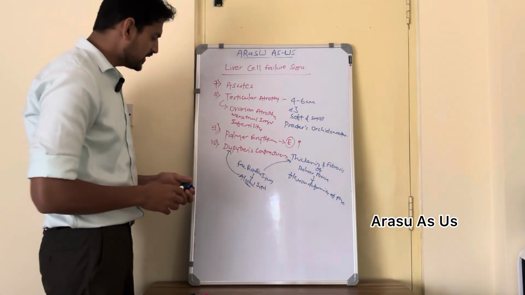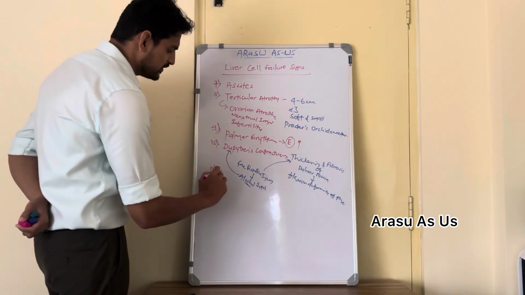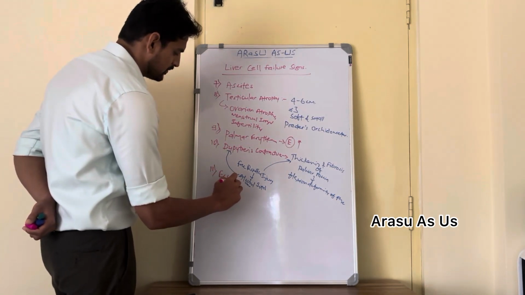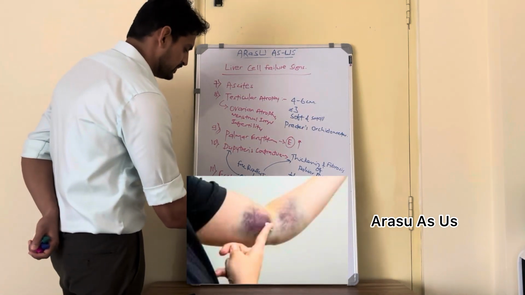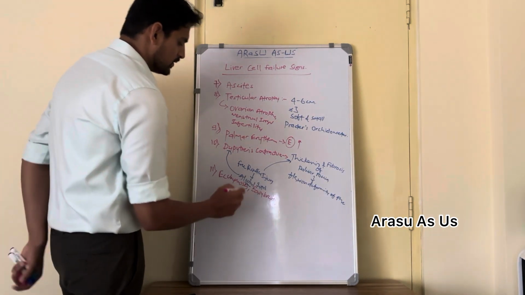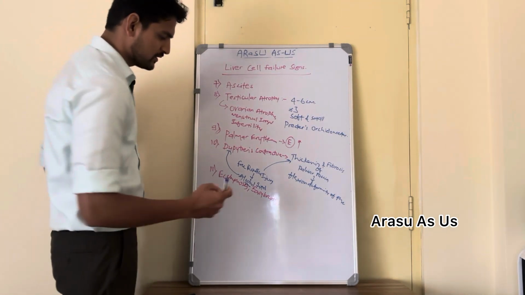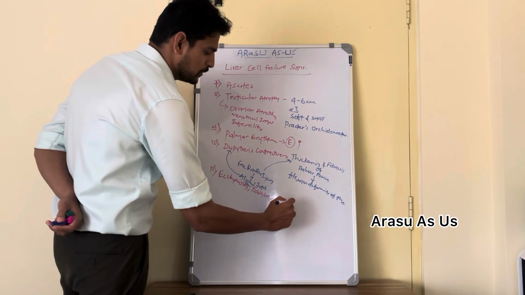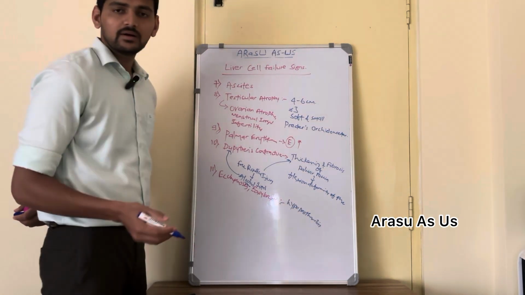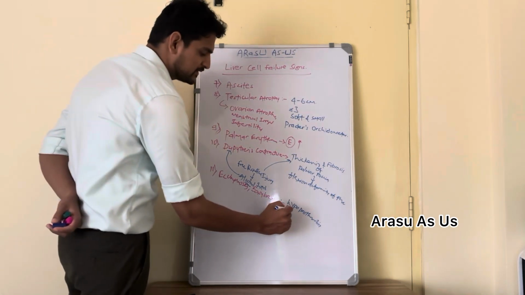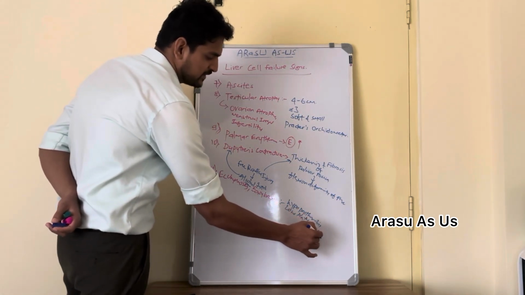Then in the extremities itself, the next sign will be ecchymosis. We have to observe for ecchymosis and easy bruising. As we know, this is mainly because of the abnormal synthetic function of the liver, that is hypoprothrombinemia. And one of the other reasons is low platelets because of hypersplenism in liver disease.